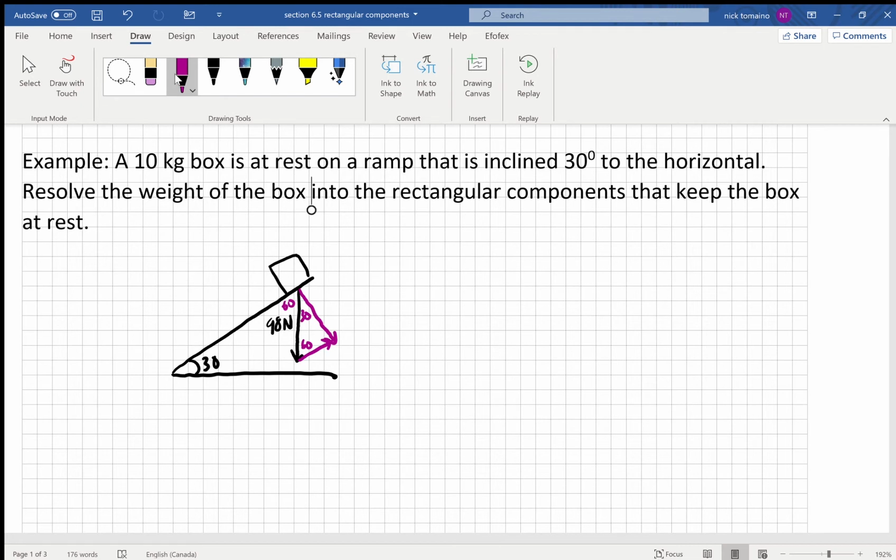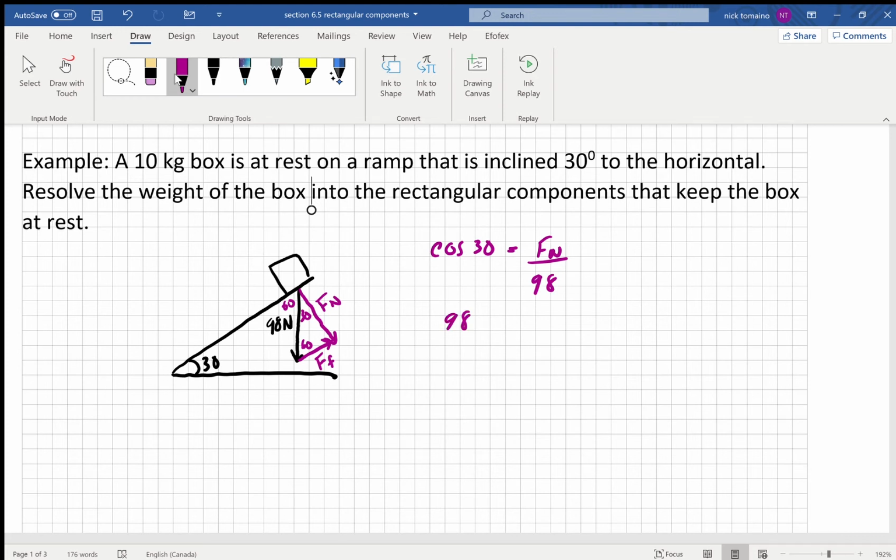We're going to call this perpendicular force, the normal force, Fn, and we're going to call this Ff for force of friction. Now we're just going to figure out each one using SOHCAHTOA. So we're going to have cos 30 is equal to our adjacent, which is Fn, over our hypotenuse, which is 98, and then just multiply.